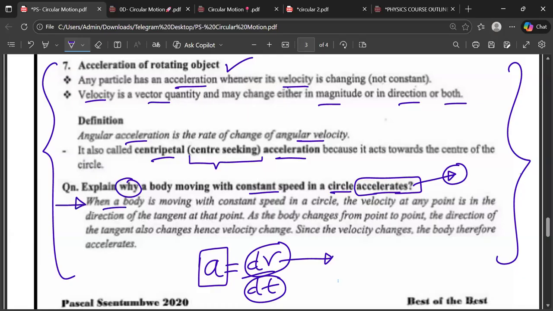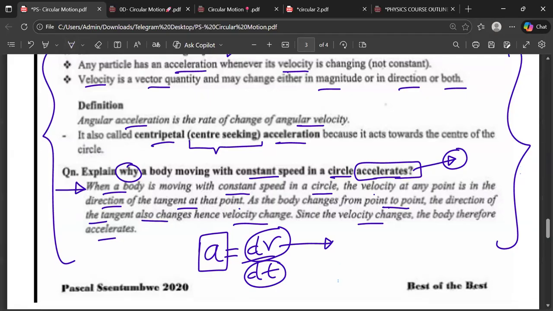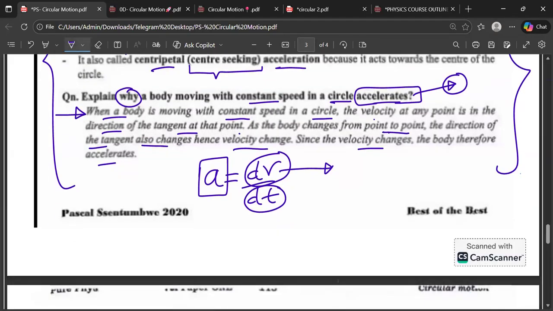When a body is moving with a constant speed in a circle, the velocity at any point is in the direction of the tangent at that point. And as the body changes from point to point, the direction of the tangent also changes, hence velocity changes. Since the velocity changes, therefore the body accelerates. Do you remember the diagram we had in lesson 1, where we drew that circle?